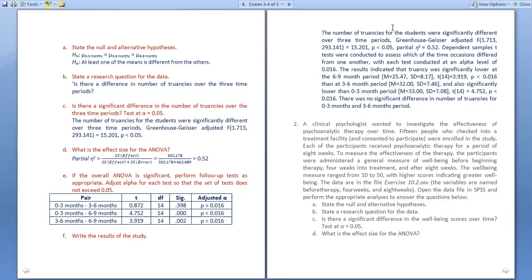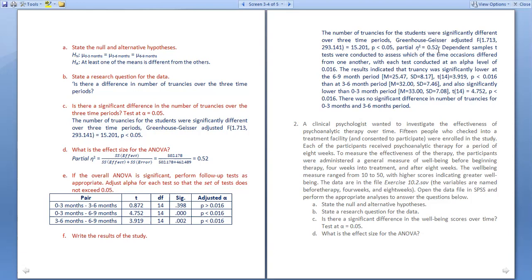The number of truancies for the students was significantly different over the three time periods. Greenhouse-Geisser adjusted F 1.713, and the mean score was 293.141. So the F value is 15.201 with p less than 0.05, and partial eta squared, which we have just calculated in part D, is equal to 0.52.